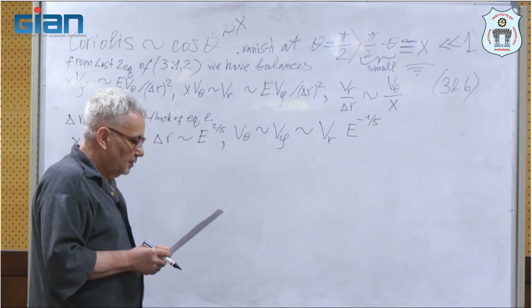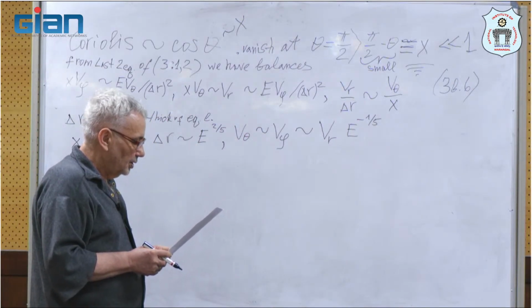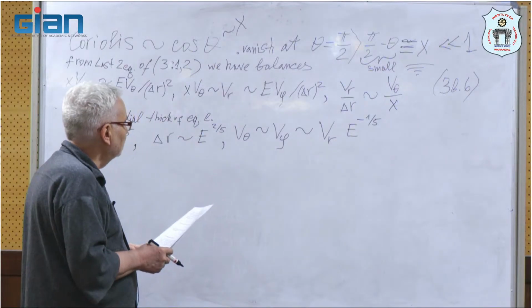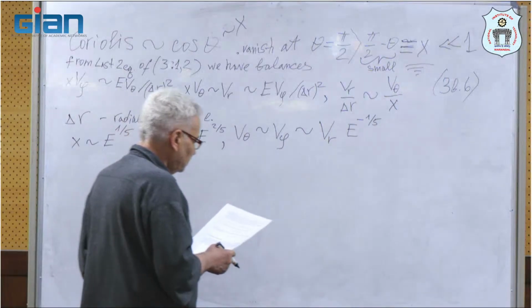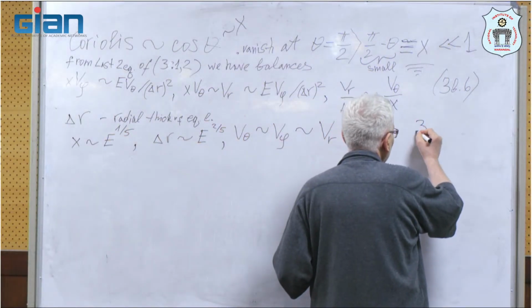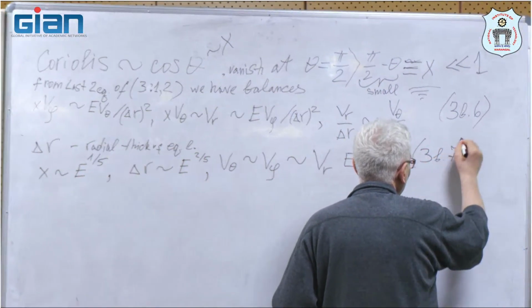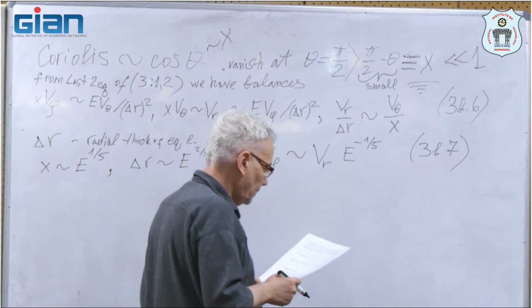Okay, in this case, the value of the radial velocity component is maximum here in accordance with the last relation from 7, 3b, 7, like that.